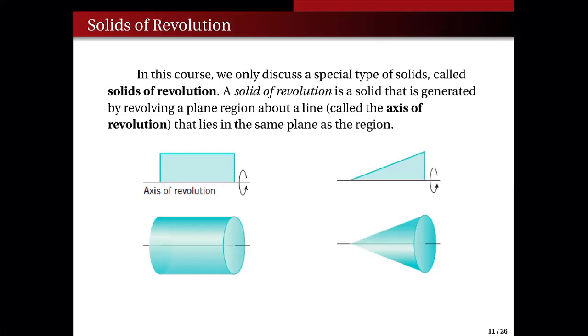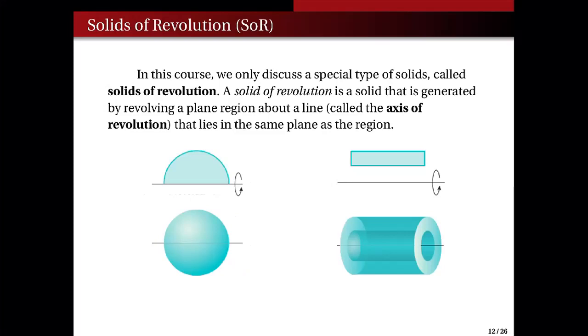In here, you have this triangle; the axis of revolution contains the side of this triangle. And then, say in here, we have a semicircle. This is your diameter. The axis of revolution is on this diameter here. If you revolve this, you will get a sphere.